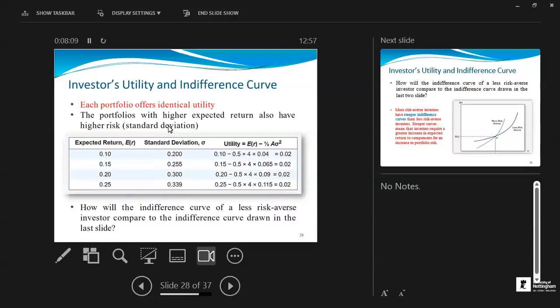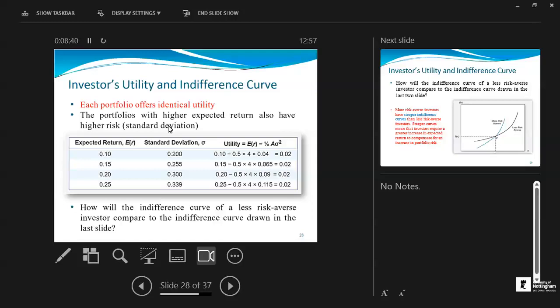Right, so here is an example for you. We have different portfolios with different expected returns and different risk. Column 1 is expected returns, column 2 the standard deviations, or the riskiness of those portfolios. You can see expected returns are increasing, and so is the standard deviation, as we go from top to bottom.